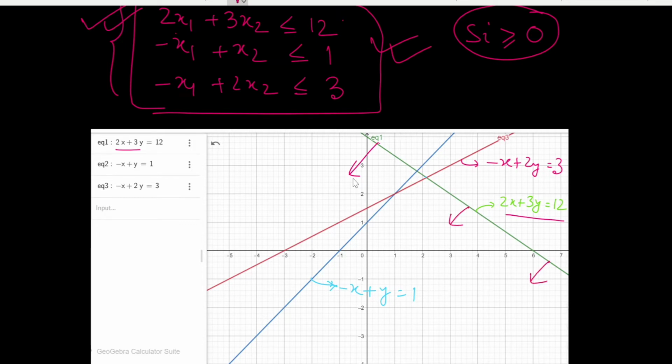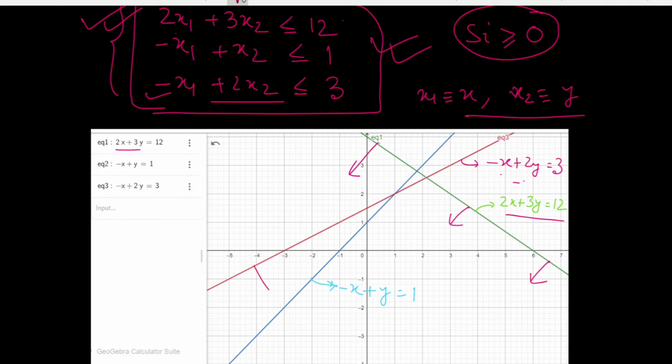Here we use x1 stands for x and x2 stands for y, same concept. So minus x plus 2y equal to 3 is the third equation. Since this is not passing through 0, 0, we can check the direction by putting 0, 0, that is the origin. 0 is less than or equal to 3, which satisfies the inequality.